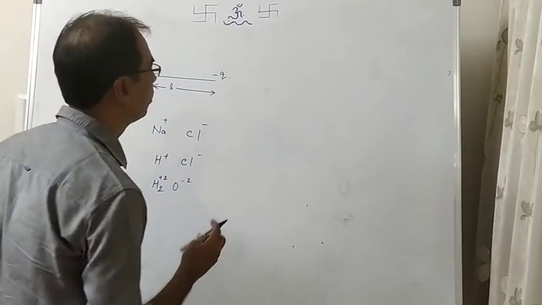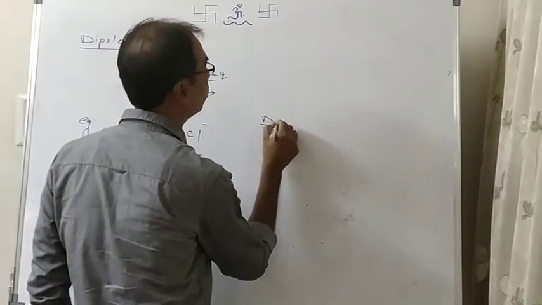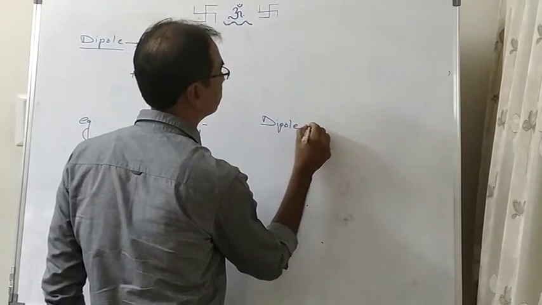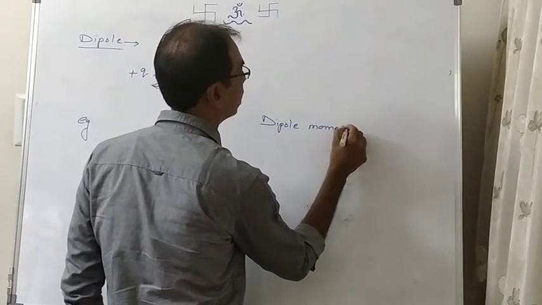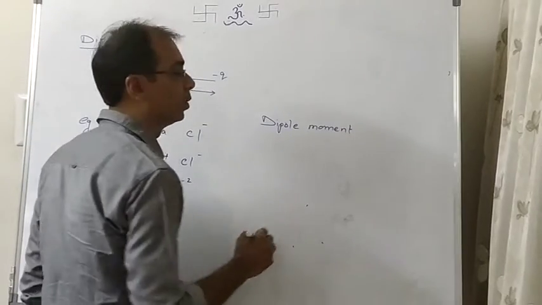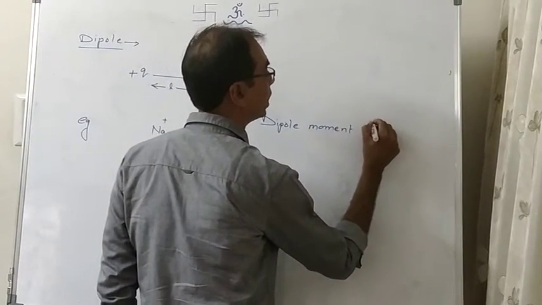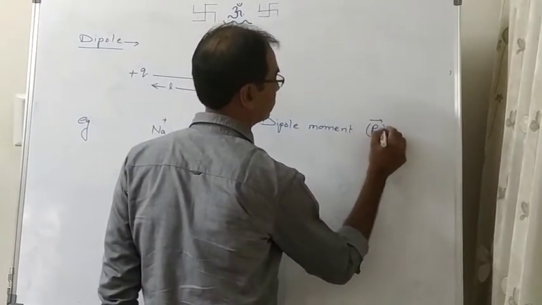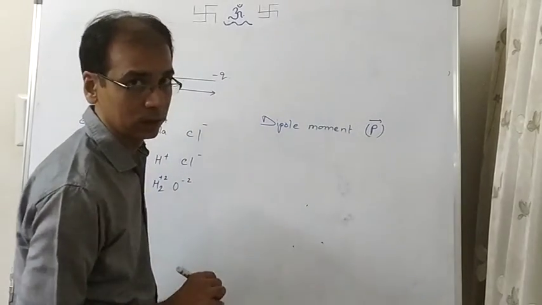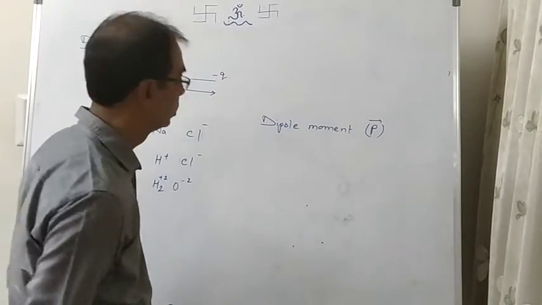The strength of the dipole is calculated by the dipole moment. We represent the dipole moment with P, and it's a vector quantity. What is its magnitude?